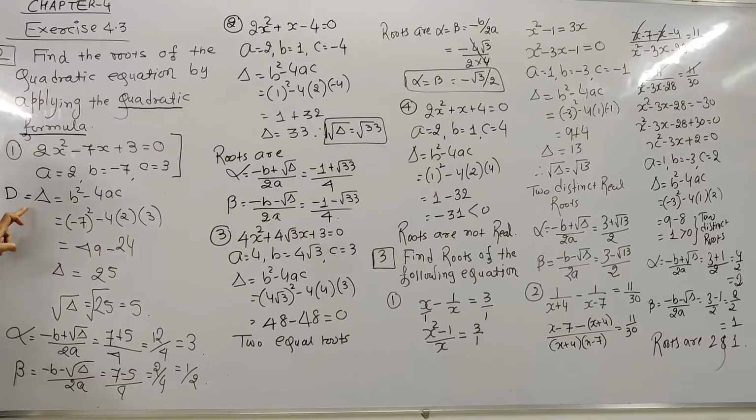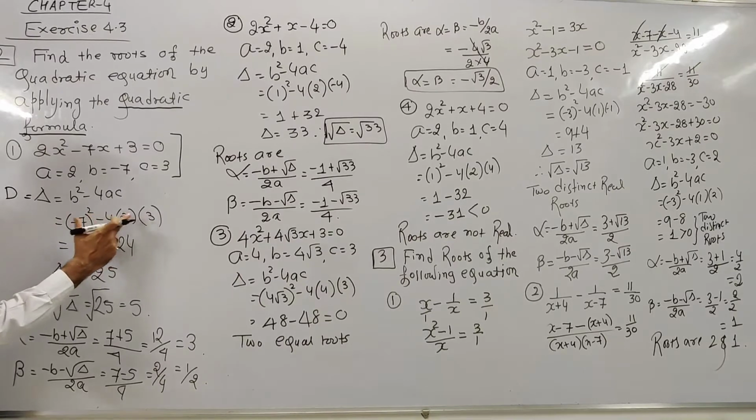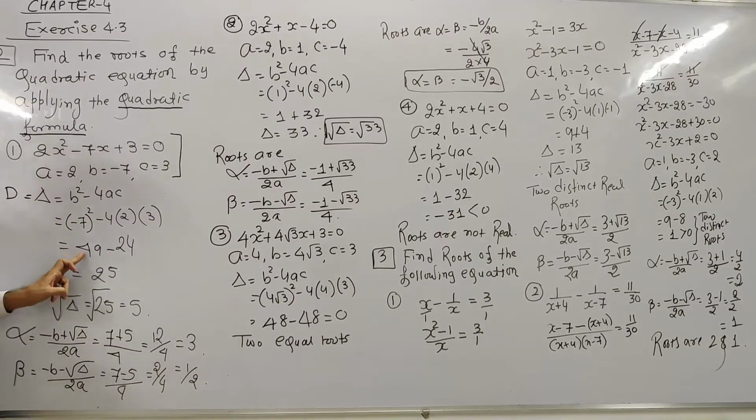So delta is equal to b² − 4ac. b means −7. So (−7)² − 4 into a means 2 and c means 3. So (−7)² is 49. 4 2s are 8, 8 3s are 24. So 49 minus 24. So delta is equal to 25.